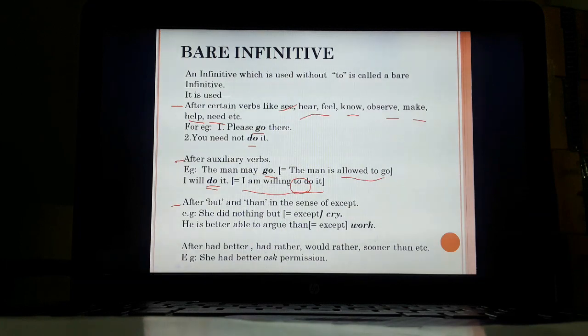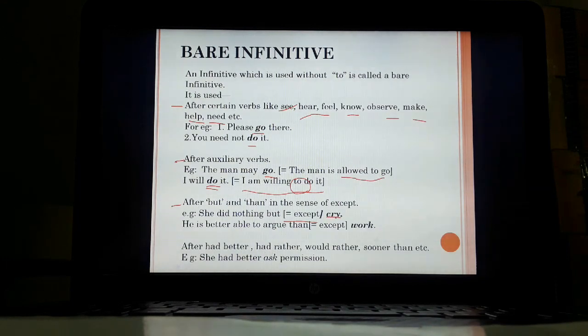Now the third use. It is used after but and than in the sense of except. For example, she did nothing but cry. Here, but means except. So she did nothing except cry.